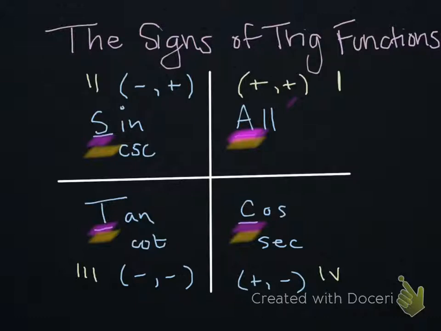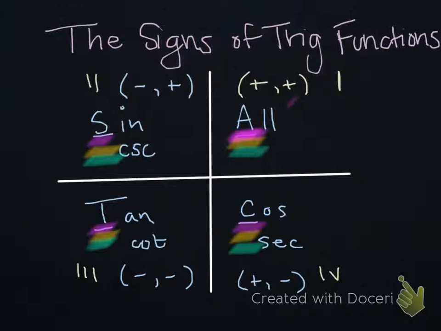The one my students came up with a few years ago is All Surfers Tan Constantly. I don't care which mnemonic you use, but you just have to memorize that order so you know which trig functions are positive where.